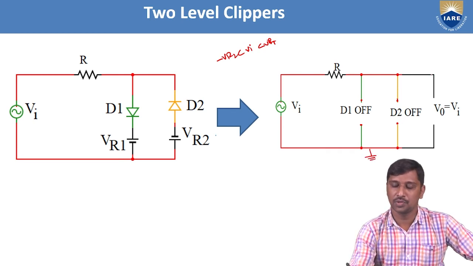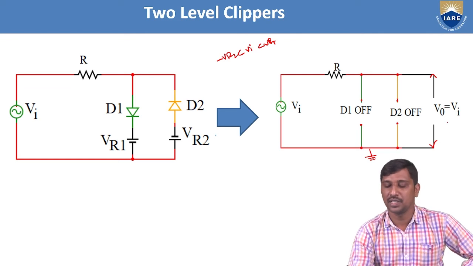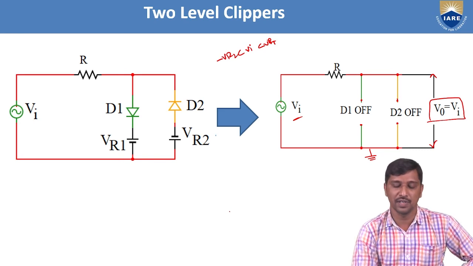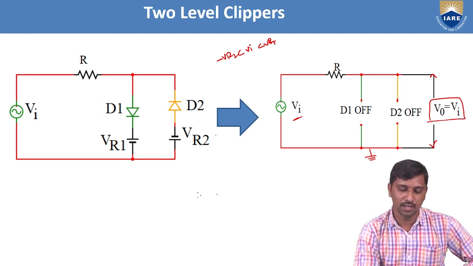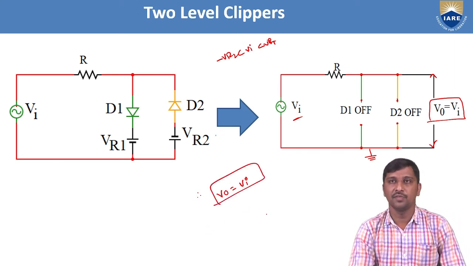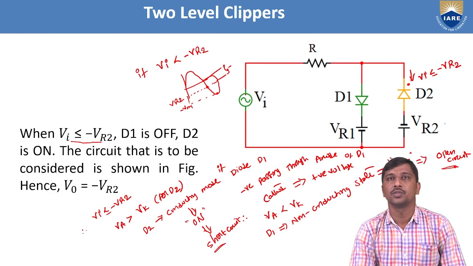Now we need to observe the output voltage. What is the output voltage here? V naught is directly proportional to the given input signal. Hence, V naught is represented as Vi. Up to this point, we identified three statements.